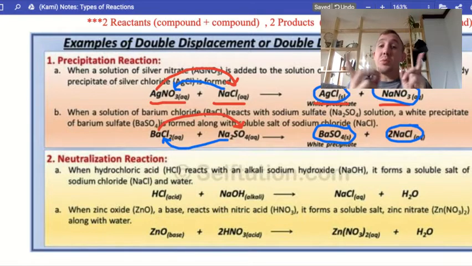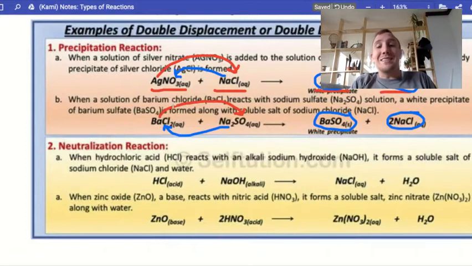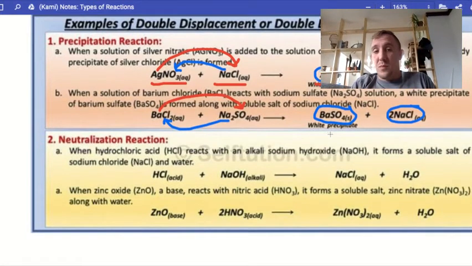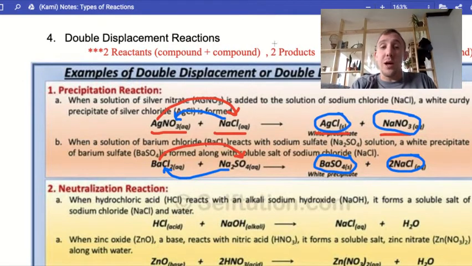They're both replacing each other for the other element or polyatomic ion in the other compound. And so the easiest way to remember this is it's going to be two compounds, and it's going to end with two compounds. And if you look at the compounds, you notice they've switched with each other. All right. And so that is what you're looking for in double replacement. Okay, so if you need to write this down, two reactants, it's going to be a compound plus a compound, and then the two products, it's going to be a new compound and a new compound.